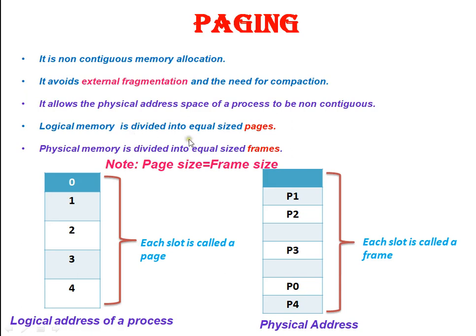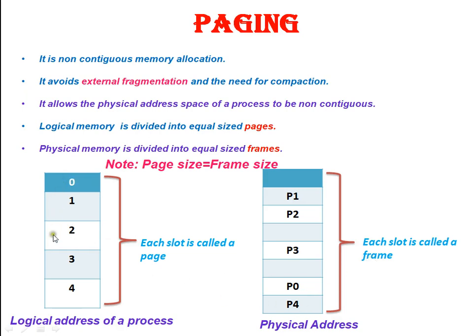Here, logical memory is divided into equal sized pages and physical memory is divided into equal sized frames. As you can see here, this is your logical memory address space, which is divided into equal sized slots called pages. So each and every partition is called a page. And in your physical address space, each and every slot is called a frame.